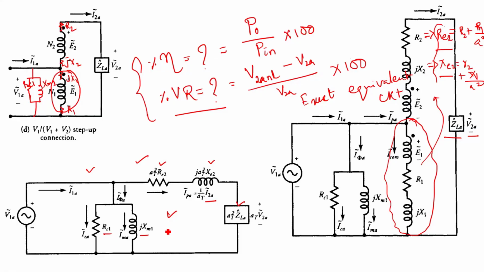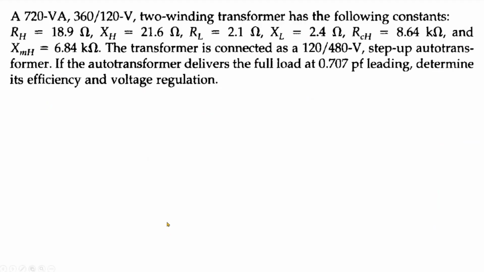Now we'll do a problem which considers the analysis with the exact equivalent circuit. When we consider the exact and approximate equivalent circuits, the values of efficiency and voltage regulation are almost approximately the same. So let us do this problem using the exact equivalent circuit.